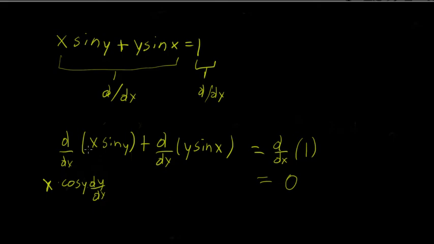If we differentiate sine y with respect to y, we get cosine of y, but y is implicitly a function of x, so you have to multiply by the derivative of y with respect to x, since we're differentiating this whole thing with respect to x, right?